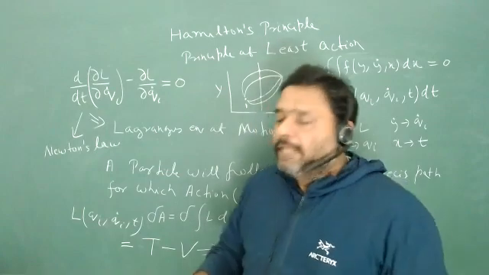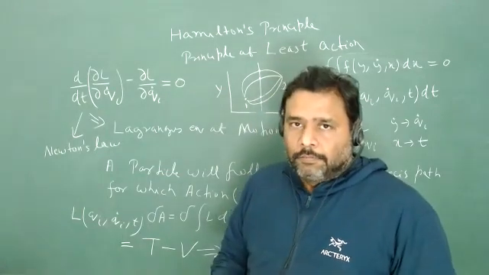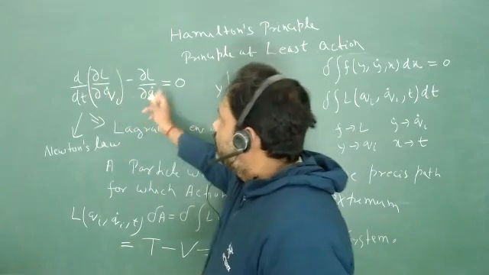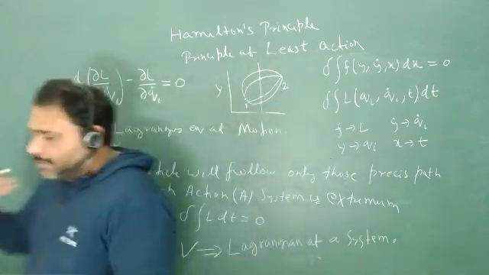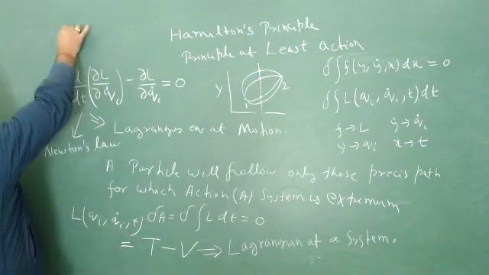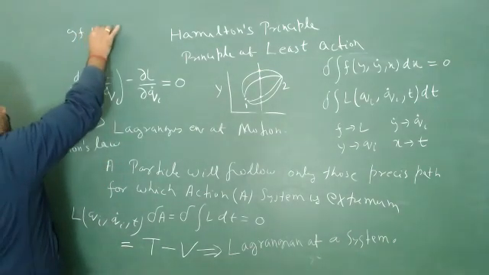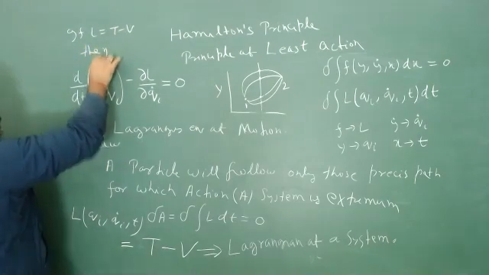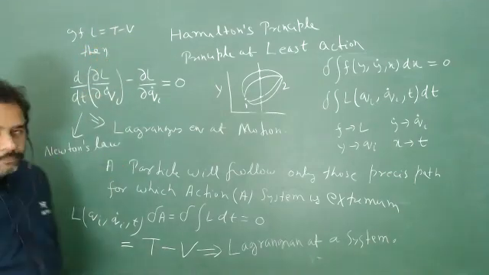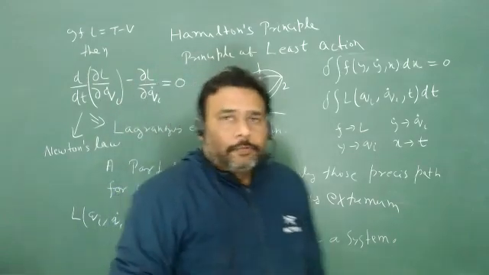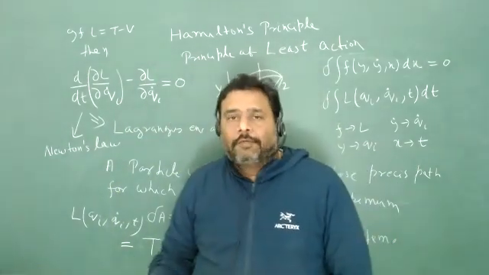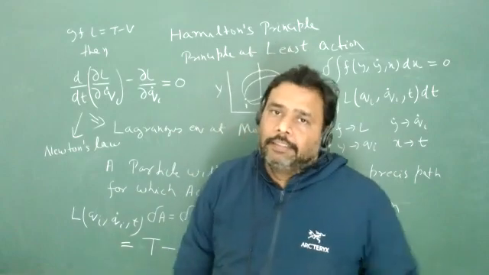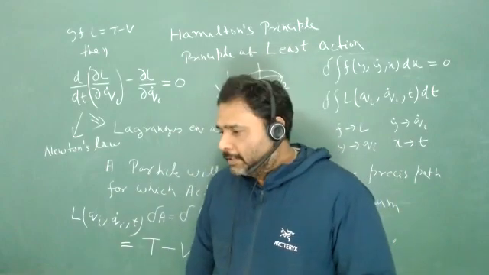We tried different types of formulation, but finally it suited that if L is T minus V, then this is equivalent to Newton's law. So actually we want the equation of motion. So why have we defined L as nothing but kinetic energy minus potential energy of a system.